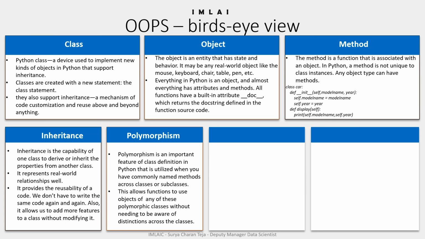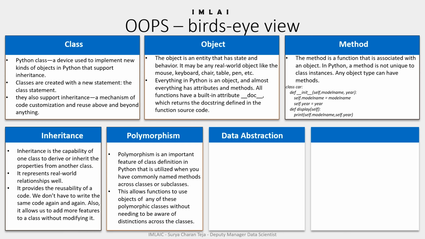So this allows functions to use objects of any of these polymorphic classes without needing to be aware of distinctions across the classes. As we move ahead, we will look into polymorphism in detail. So for now, just go along with the definition.